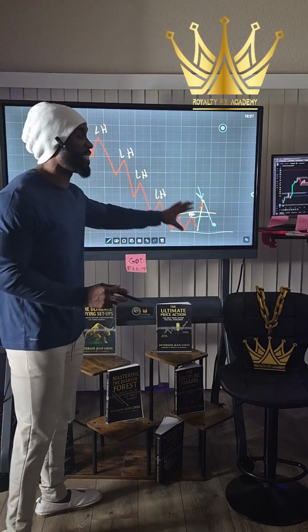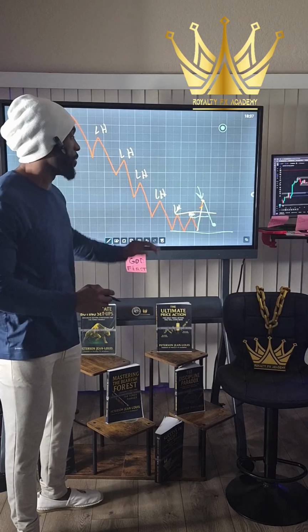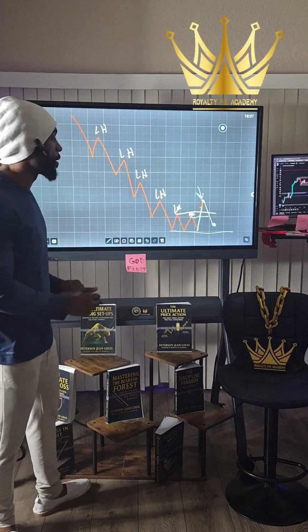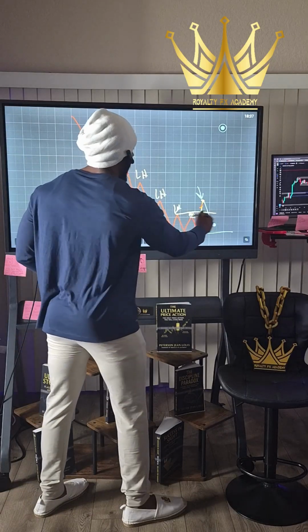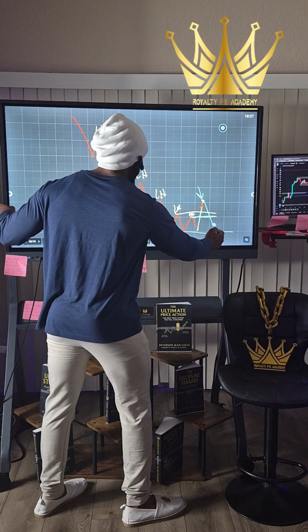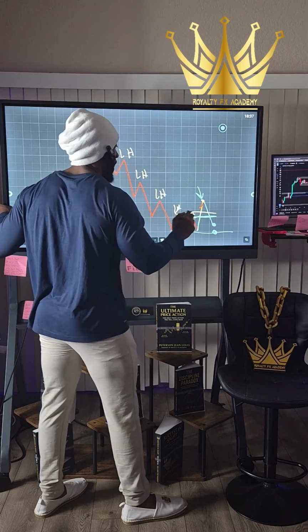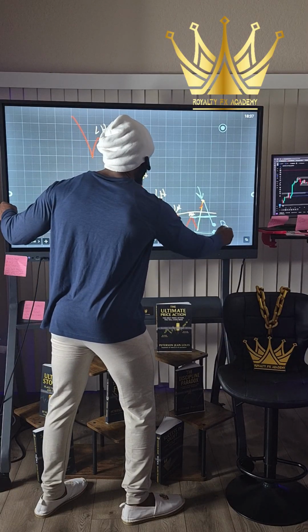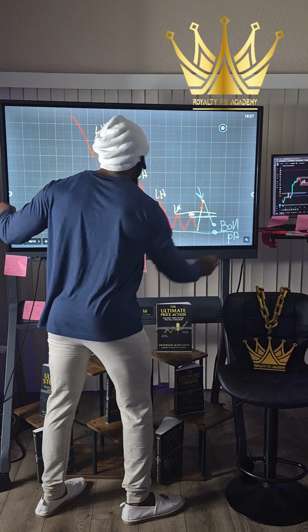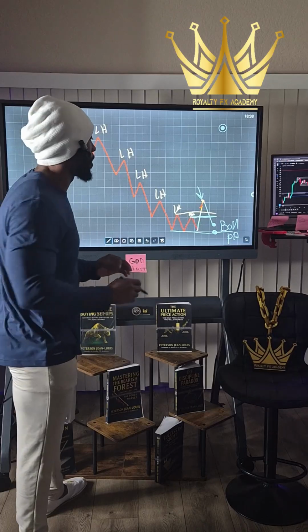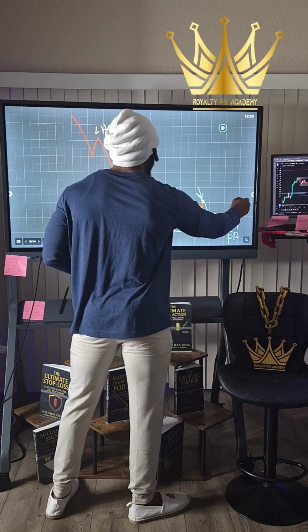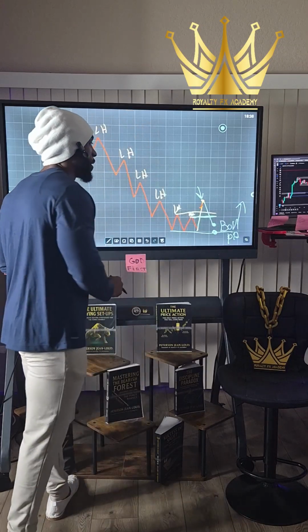Now, it is still a downtrend market, but due to the fact that it broke the previous lower high, once the market stops either at this zone or this zone, and then gives us a bullish price action, a bullish engulfing, then we will take the buy to go to the upside, right?